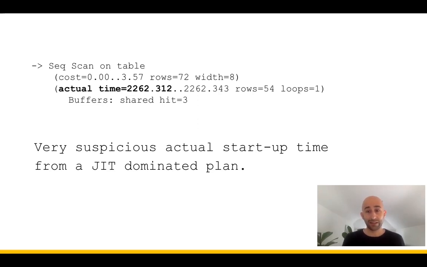So it's doing a very tiny amount of work, and we'd expect perhaps even a 0 startup time, or very, very low startup time to return that first row. But instead we're being told it's 2.26 seconds. Super suspicious. Turns out in this case it was JIT related. So that's another way you can spot these things.